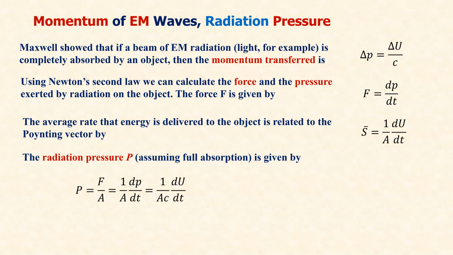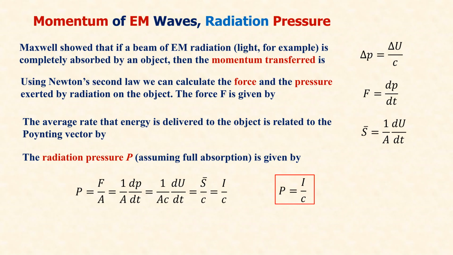Delta P is delta U over C. So this becomes 1 over AC dU/dt, or the average of the Poynting vector divided by C. And the average of the Poynting vector is the intensity, the light intensity, I. So the pressure P becomes I divided by C. So radiation pressure is equal to the intensity of the light divided by the speed of light.